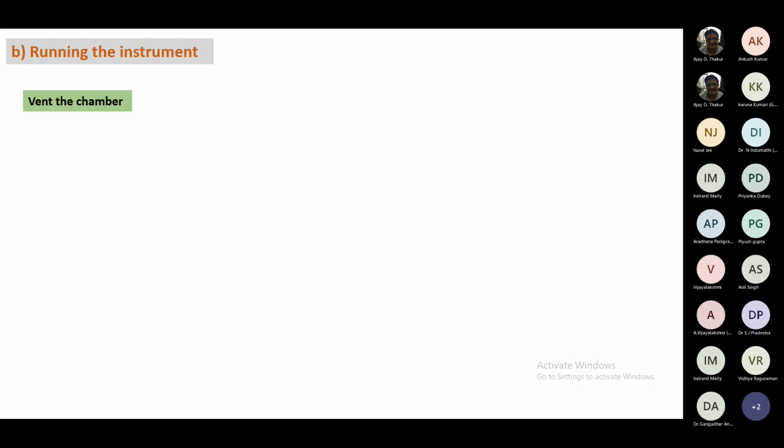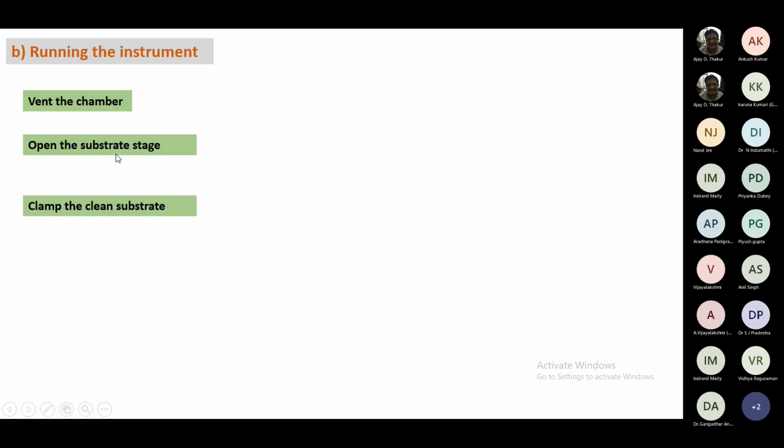So when we have to do a new deposition with new target material, we have to vent the chamber first by opening the substrate stage, which was already shown to you. And I will again show you the substrate stage when we deposit the sample.